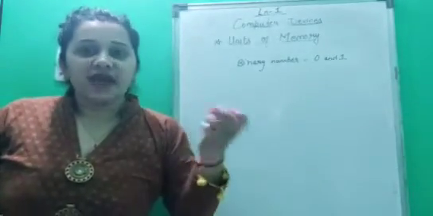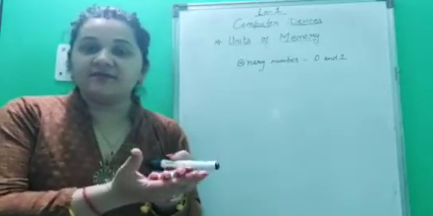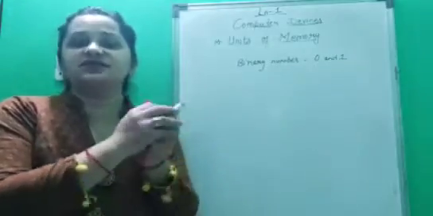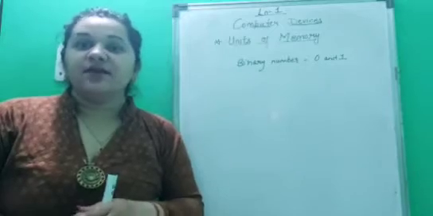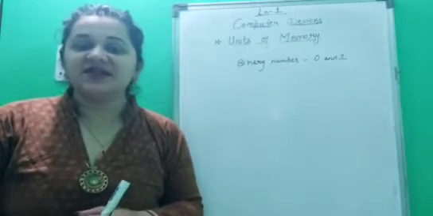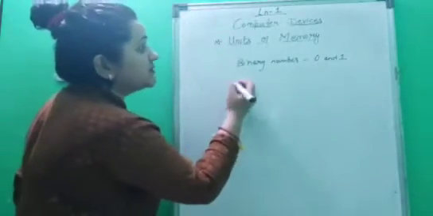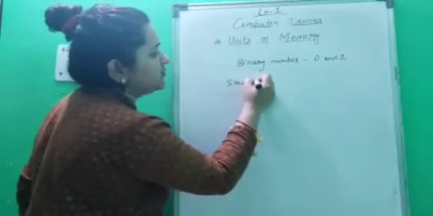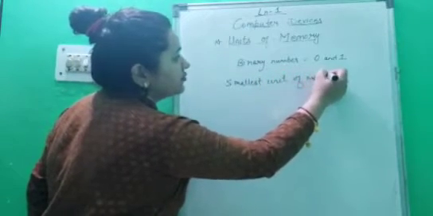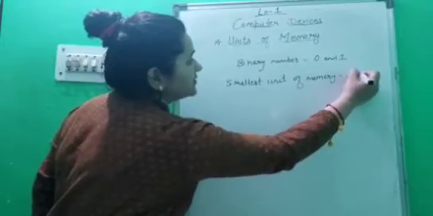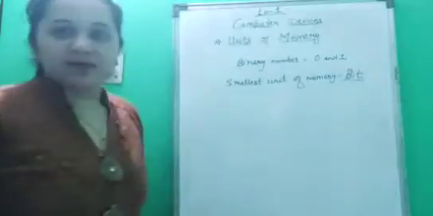The same way, when we want to measure how much data is stored in a computer, it is measured in bit or byte. The smallest unit of memory is the bit.